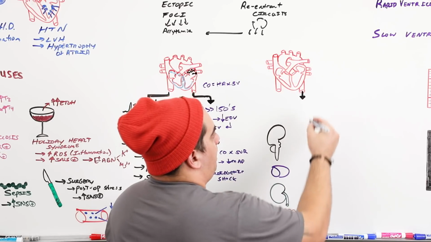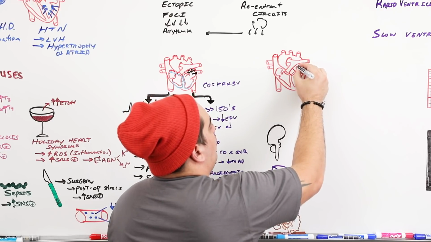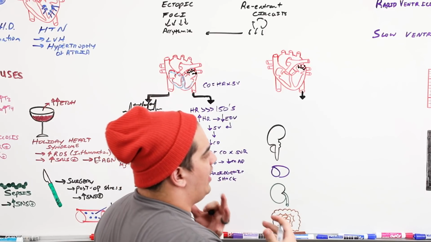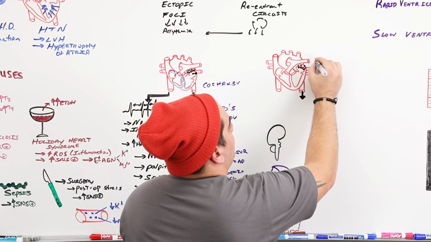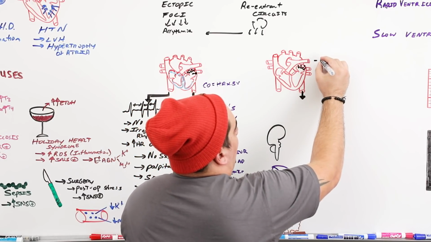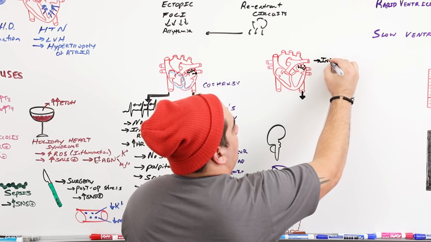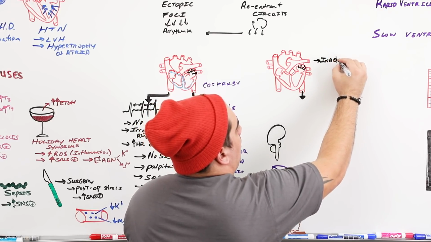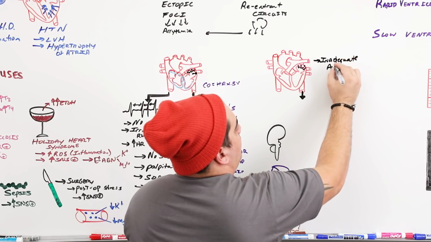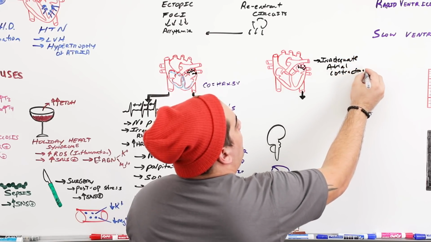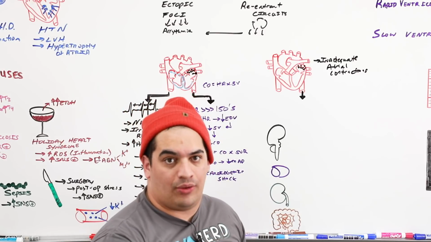If the atria is having these ectopic foci or reentrant circuits, and it's causing these weird depolarizations and contractions, here's the big thing. This abnormal electrical activity produces inadequate atrial contractions.